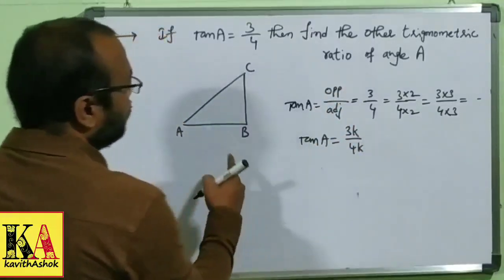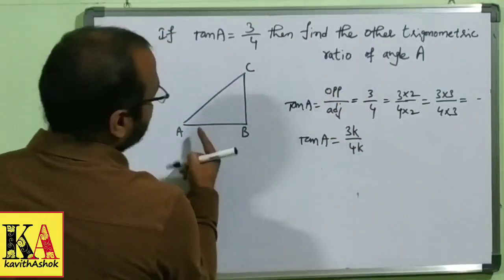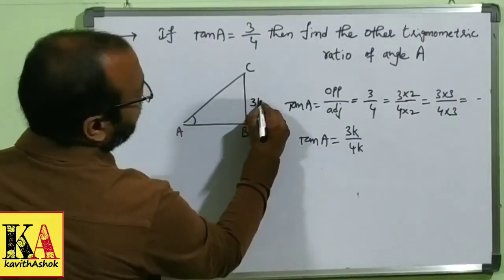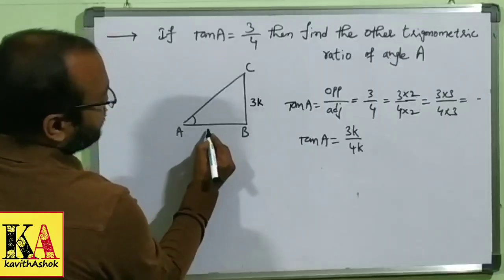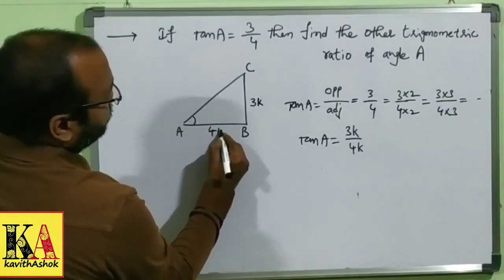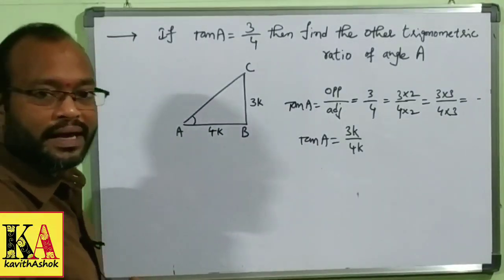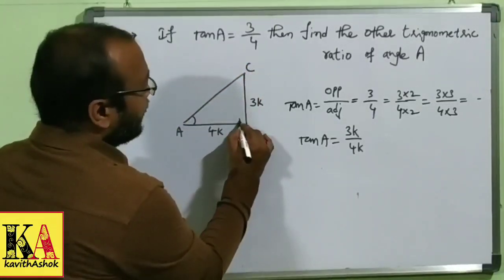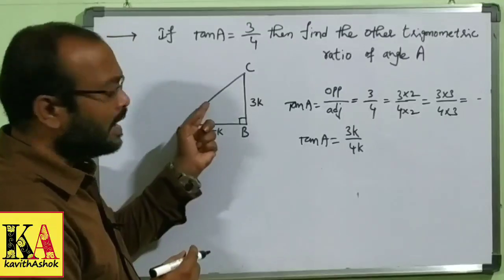Right. Now tan A is opposite by adjacent. So this is the angle. What is opposite? This is opposite, so we can take this as 3k. Adjacent, this is adjacent, so this is 4k. Now our aim is to find out the AC value. Since this is the right angle, this is the hypotenuse.